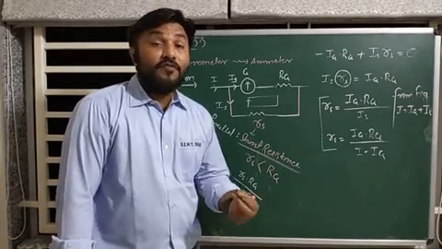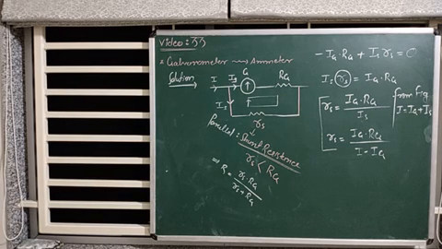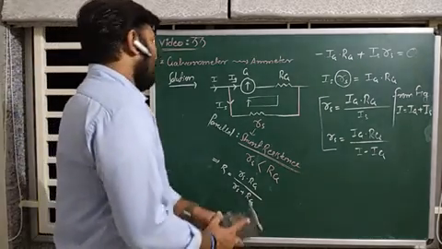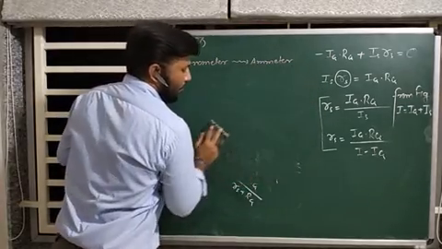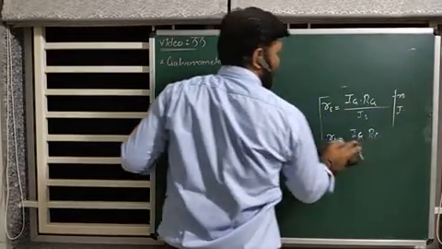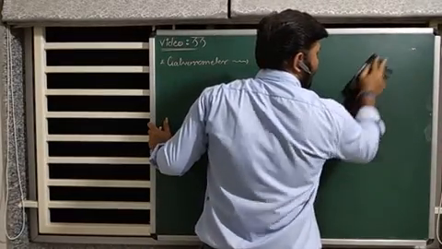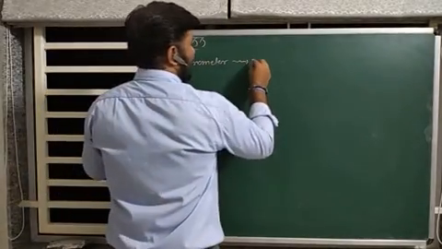Have a look for a few seconds. Now, let us see the conversion of galvanometer into voltmeter. Instead of an ammeter, to convert a galvanometer into a voltmeter.